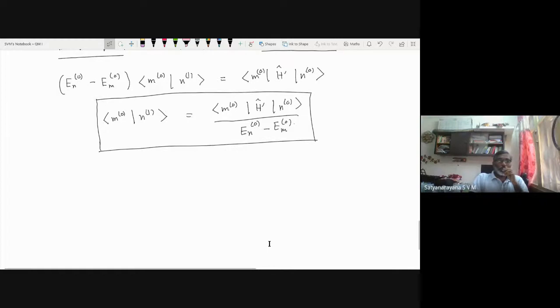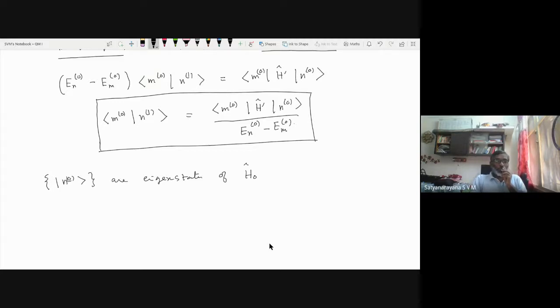See, the point is something like this. These states, that is N0, are eigenstates of H0.